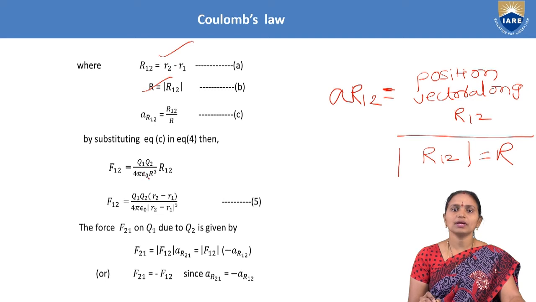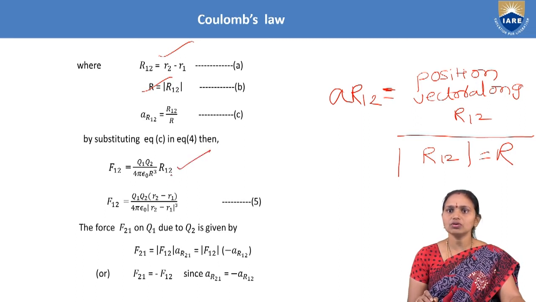You have R square in the denominator already, and one more R has come from writing the meaning of the unit vector. So the final equation is F12 equal to Q1 Q2 by 4 pi epsilon naught R cube into R12, where R12 is the displacement vector in the numerator.